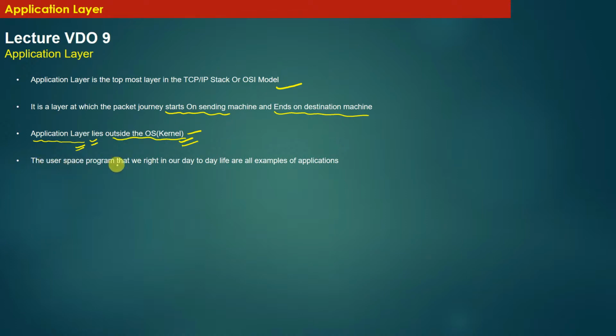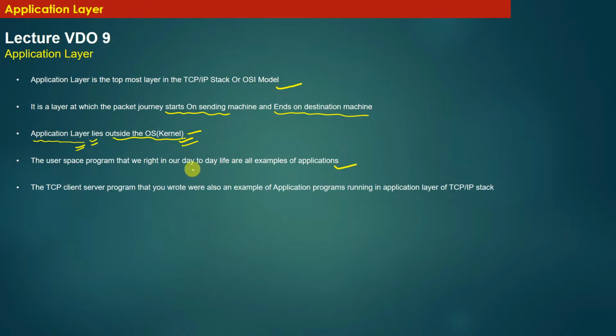The user space programs that we write in our day-to-day life are all examples of applications. The TCP client server program that you wrote was also an example of an application program running in the application layer of the TCP/IP stack, right? So whatever C programs you have written so far are all examples of application programs.